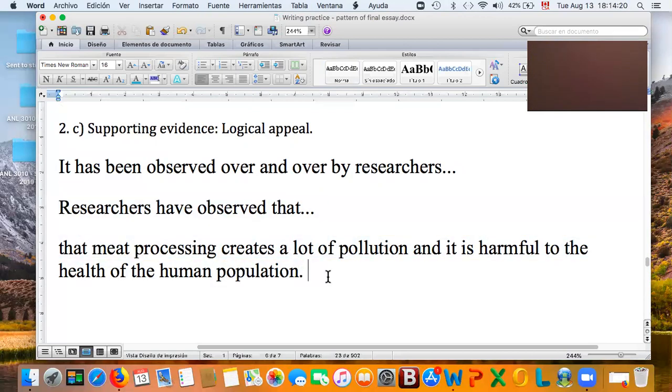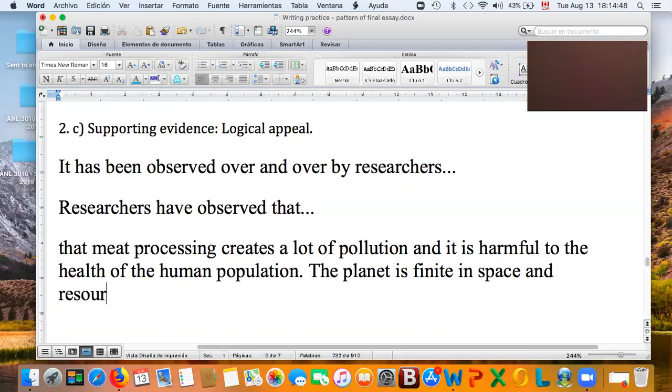Okay, what would the second step be? Okay, the planet is finite in space and resources. Okay, that's kind of obvious.